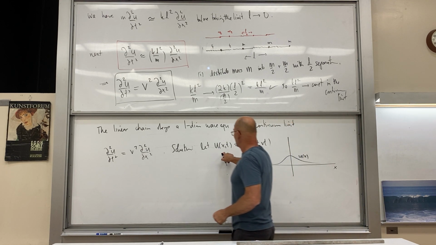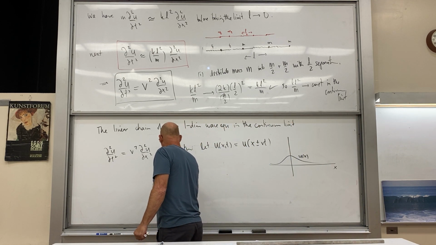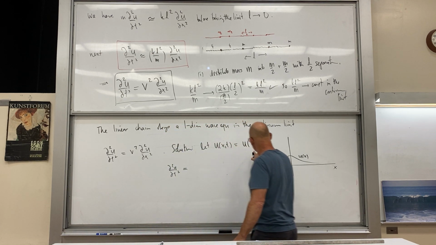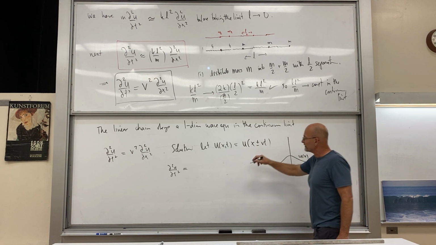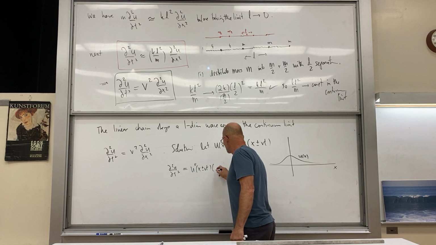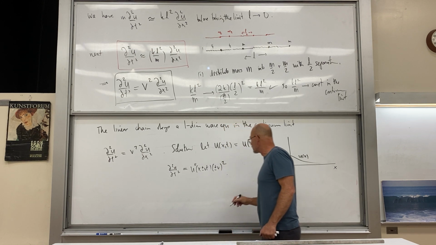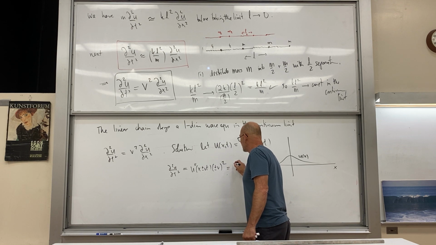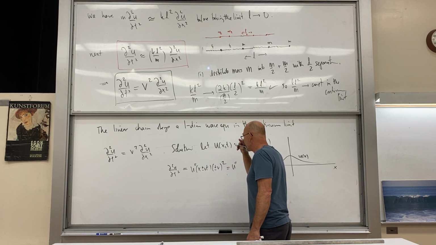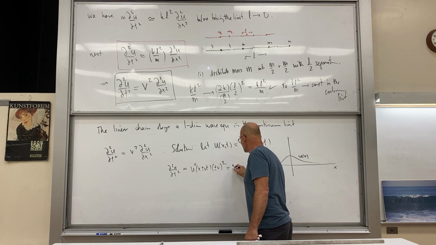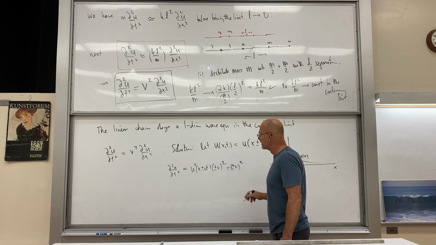And so we go ahead and let that be the case, and then partial d squared u dt squared. Now we're just going to have u double prime of x plus or minus vt times plus or minus v squared, the inner derivative, and that equals plus or minus v squared u double prime.